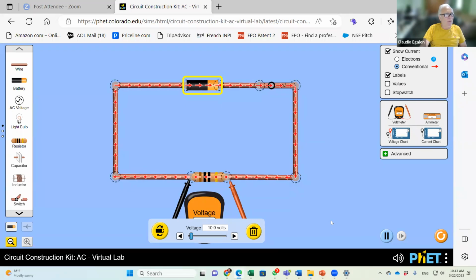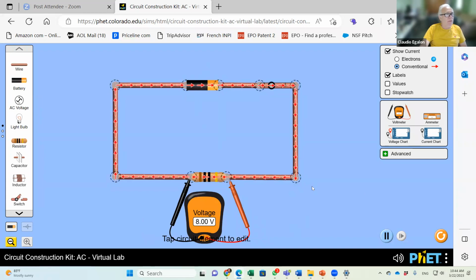I can put 10 volts. We start at 10 volts, and the multimeter is going to read 10 volts. I change the power supply to 8 volts, and the multimeter is going to read 8 volts, at least close enough to 8 volts, and so on.